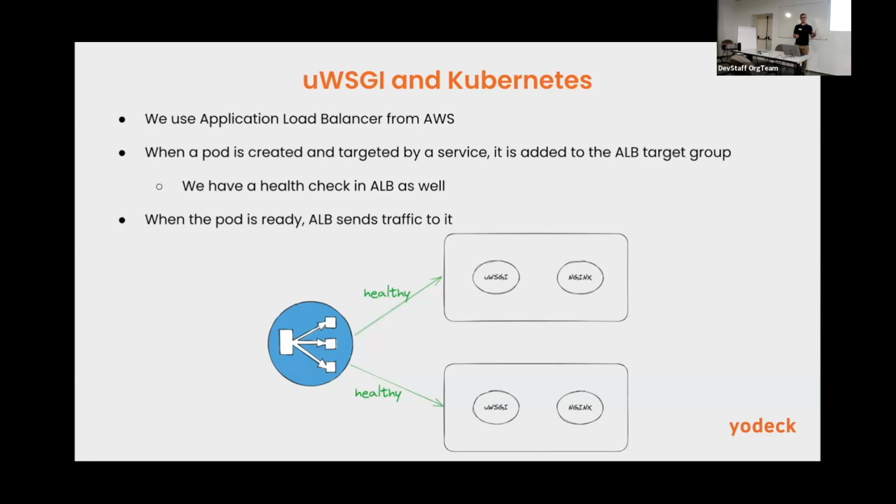The AWS load balancer has its own health checks included, and it will only serve traffic to the pod when this health check passes. So when the pod is ready from the ALB side and not from the Kubernetes side, traffic gets sent to it.